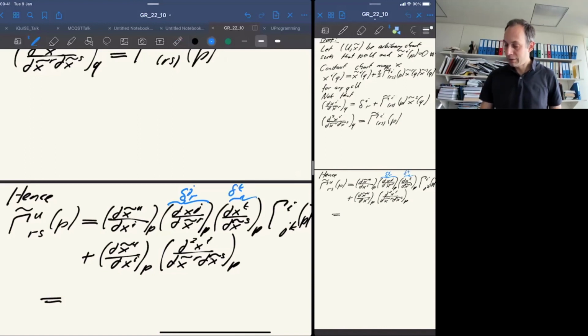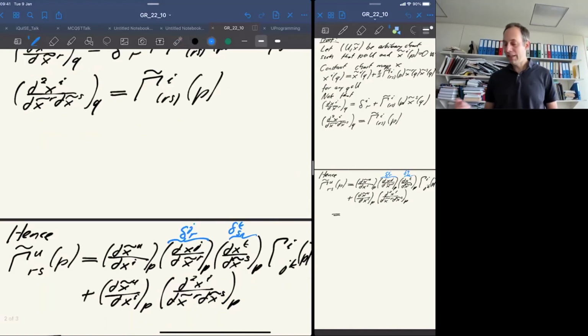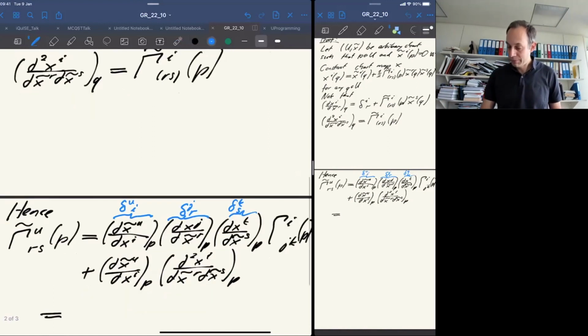So in other words, these coefficients are just delta functions, delta JR, and this is delta KS. And the first one is one that we didn't calculate because it's the inverse. But of course, the inverse of a delta function, we know that the inverse is really just to be understood as the matrix inverse in this case. So the inverse of a delta function is again a delta function. So therefore, this is just a delta function of ui. So they're all delta functions. And of course, the same is true for that one. I'm not going to write that.